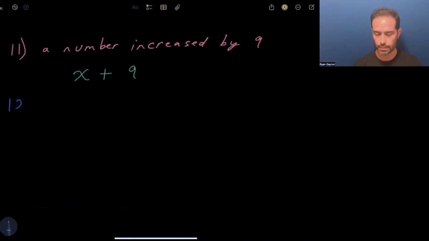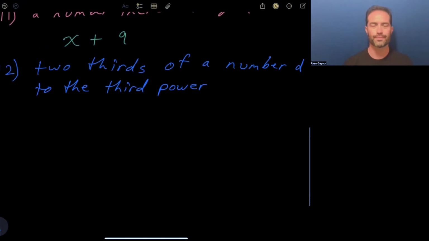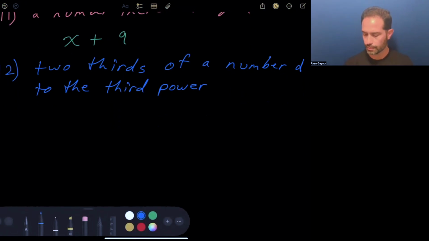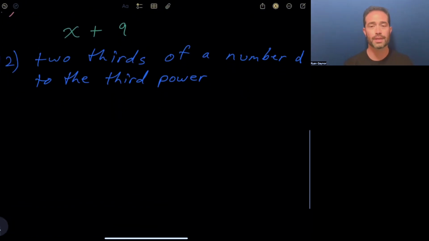So number 12, we have, okay, so in this example, they want you to again write an algebraic expression. So let's read this one more time. 2/3 of a number d. So let's just start with that right there. 2/3 of a number d. So first of all, a number d, right, is just a variable.